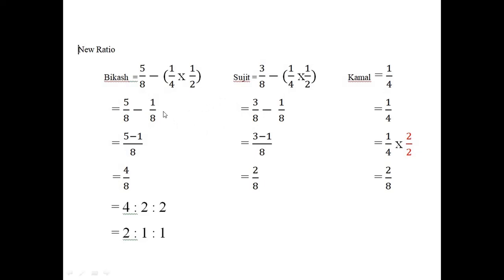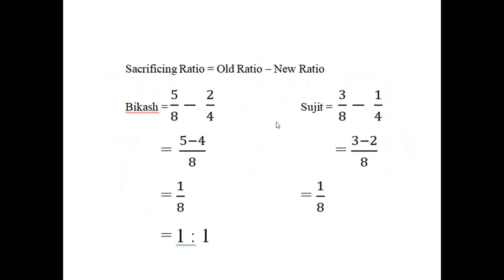Similarly, you can see here that from Vikas we are subtracting 1 by 8, from Sujit we are subtracting 1 by 8. This 1 by 8, 1 by 8, that is 1 is to 1, is actually the sacrificing ratio. But still we have to use the formula to get the exact sacrificing ratio. In exam time, you can use this kind of trick, just to make sure that your calculation is okay.